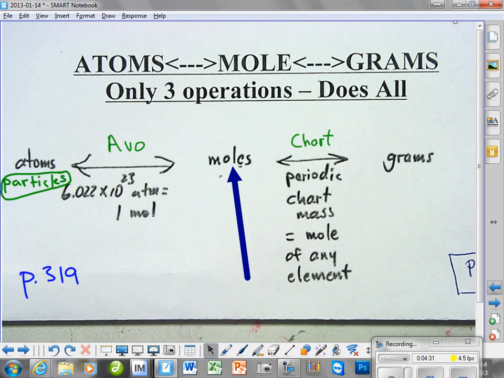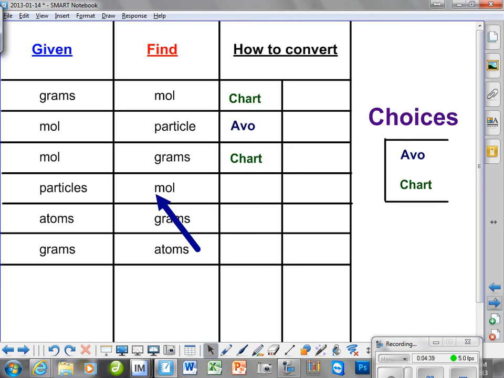There we go. They're not together yet, so I gotta move them both separately. All right, there we go. So we're going moles to atoms or particles. And if we're going particles to moles or moles to particles, either way, all we need is the AVO number.